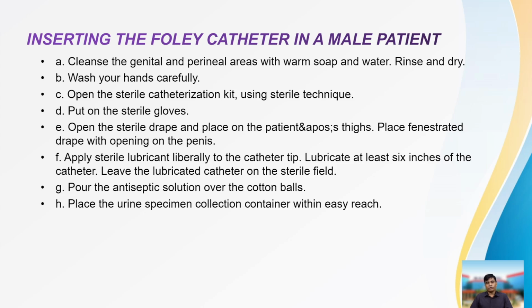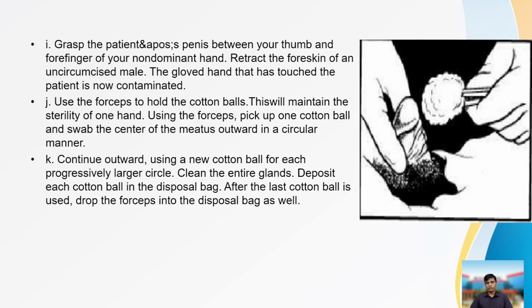Then pour the antiseptic solution, 2% xylocaine jelly, over the cotton ball. Next, place the urine specimen collection container within easy reach, because before going to the sterile procedure, we have to take any type of specimen or sample.